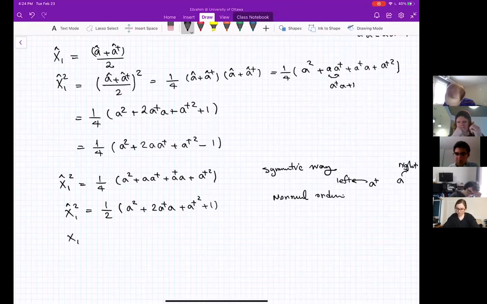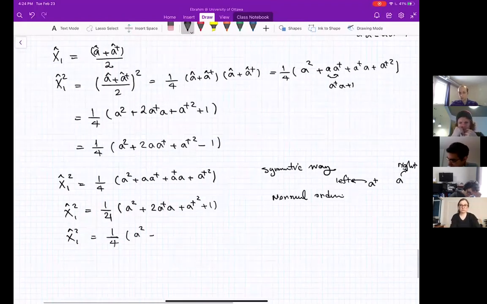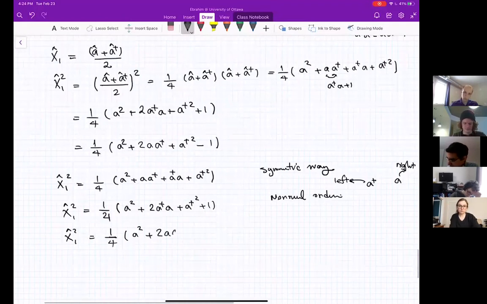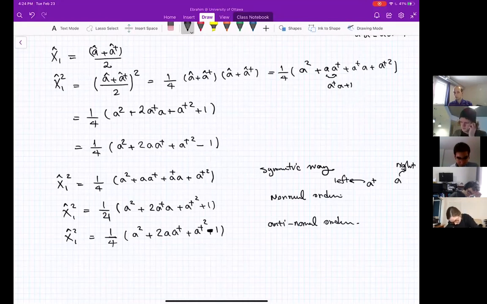Then the same operator also can be written, oh sorry, 1 divided by 4 of A power of 2 plus 2A A dagger plus A dagger power of 2, sorry, minus 1, which is anti-normal order, in which case A is acting on the left and A dagger is acting on the right, okay?